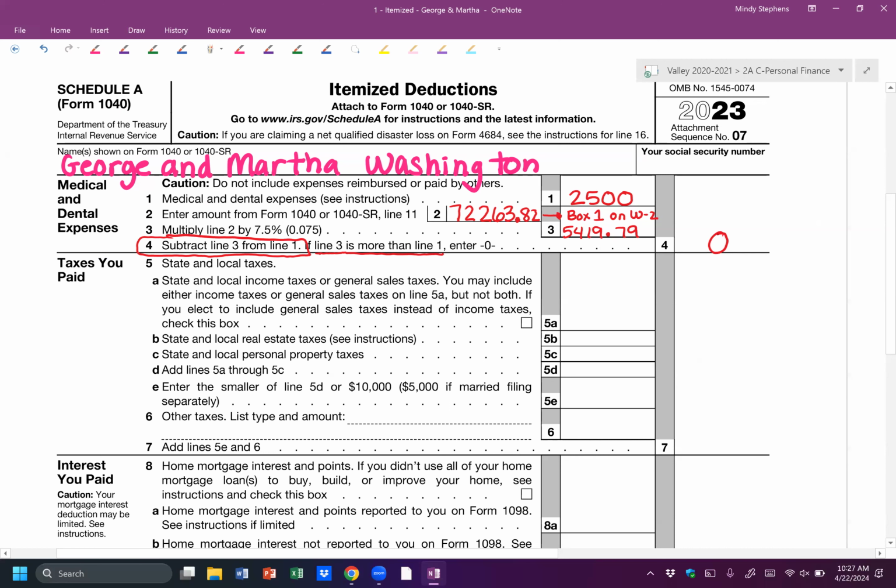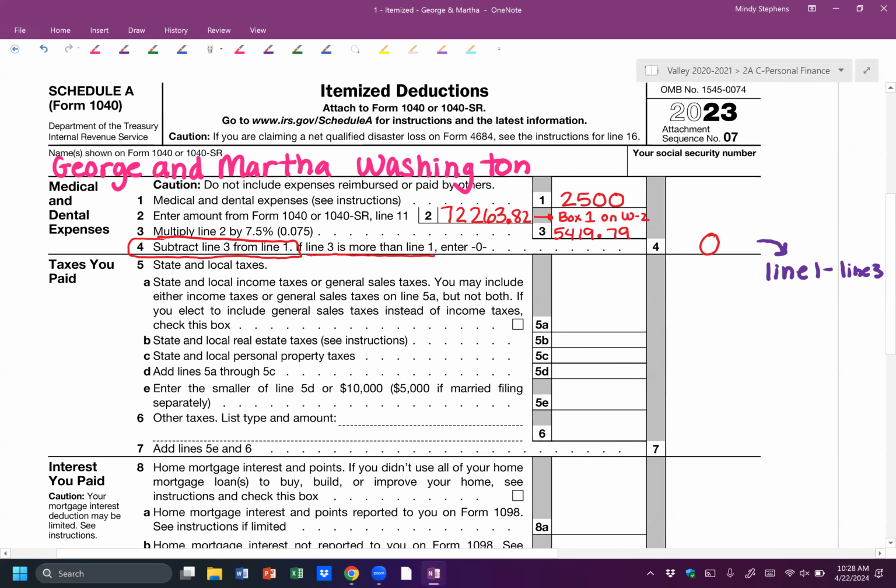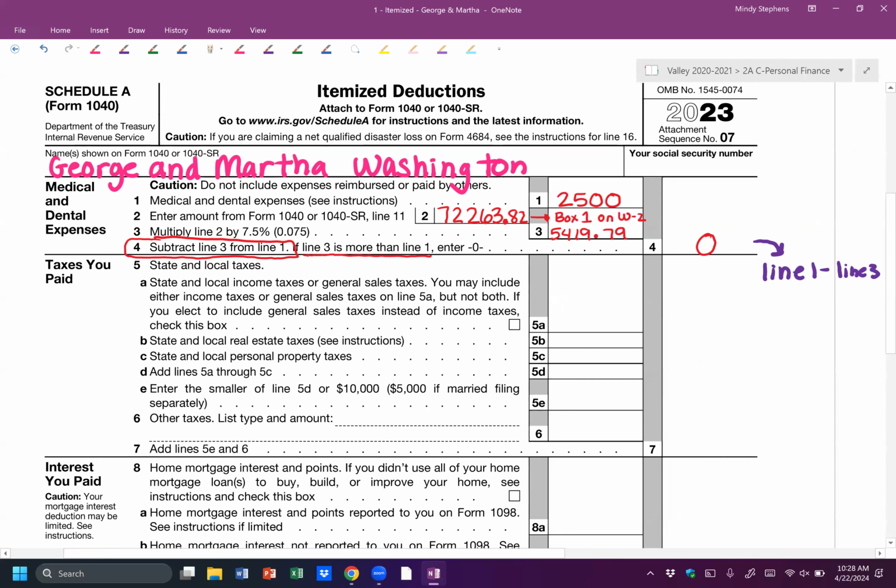If 3 is not bigger, then you're going to subtract line 3 from line 1. So I want you to write off to the side, you can write yourself a little note that says line 1 minus line 3. If you did 1 minus 3 in this one, the 2,500 minus 5419, you're going to get a negative number.